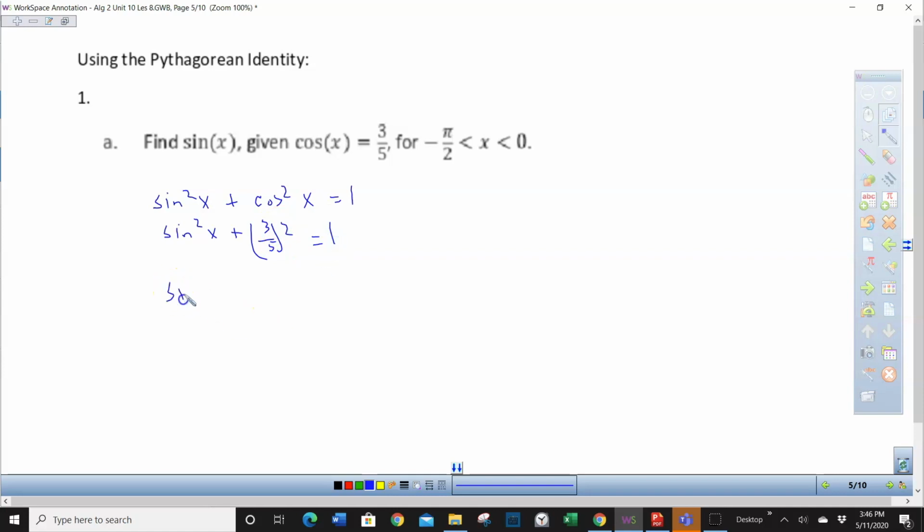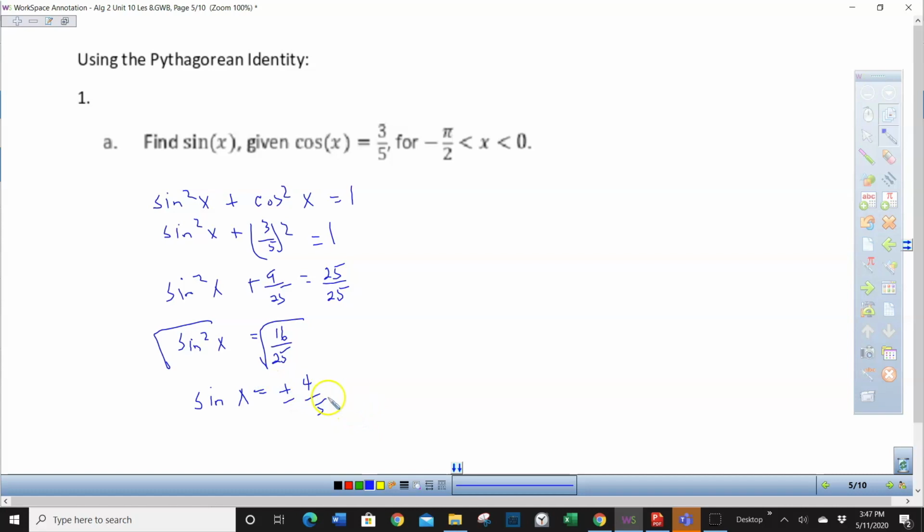So then I have sine squared x plus 9 over 25. And I could write this as 1, but I know I'm going to want to move this 9 over 25, so I'm going to write it as 25 over 25, so I have a common denominator. So then I have sine squared x equals 16 over 25. So now I'm going to square root both sides. So that gives me sine of x equals plus or minus 4/5.